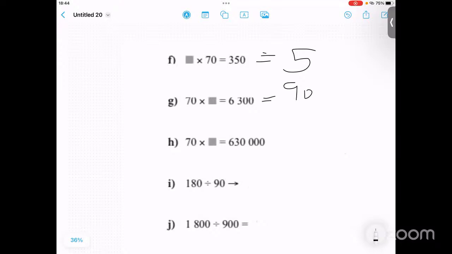And let's go to H. H is 70 multiplied by unknown is equal to 630. Let's go to God's grace. Ma'am, I'm still calculating. Okay, still calculating. Do you have somebody who's done calculating?